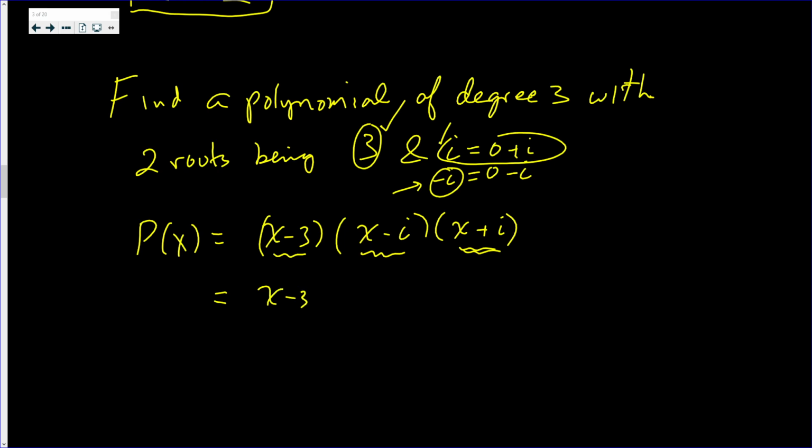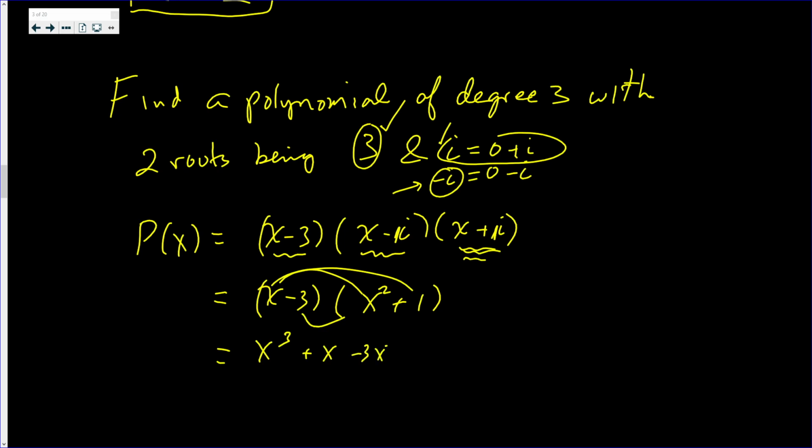Now, it's easier to first multiply the conjugates. This is just going to be x squared plus, there's an understood 1 here, 1i, plus 1 squared. Now we distribute. x times x squared, x times positive 1, negative 3 times x squared, minus 3.